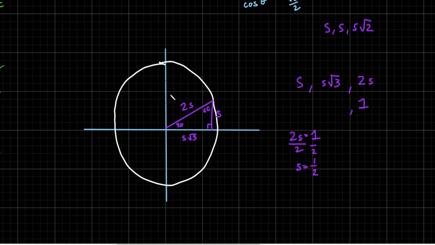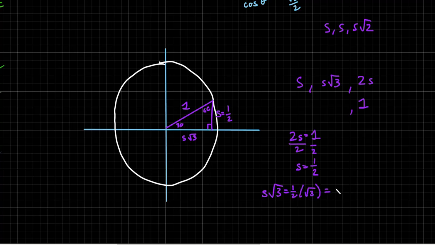Perfect. So let's change our sides to equal what they are shown. This side, we said, was 1. This side over here is now 1/2. Now we have to figure out the side at the bottom. What would s square root of 3 equal if s is 1/2? So 1/2 times square root of 3.